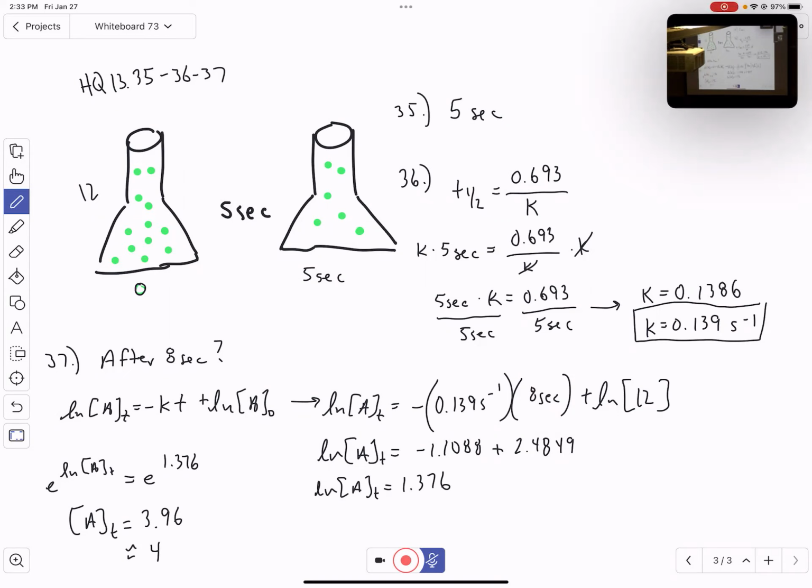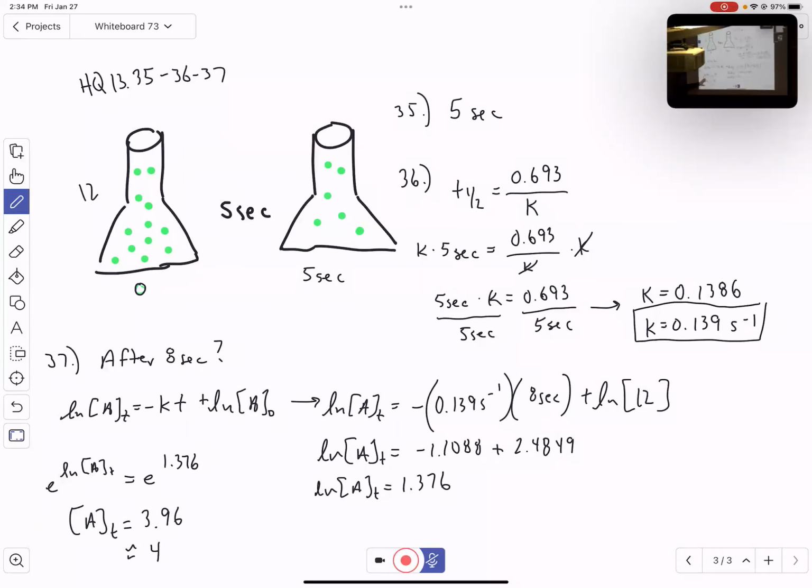This is why I went over a similar problem in class, because it's chemistry, but we're also reviewing math at the same time. So how do we get rid of that natural log, because ultimately we're looking for concentration? e raised to the natural log of x gives us x back. So e to the natural log of concentration gives us our concentration. We have to do e to both sides. So e raised to 1.376 gives us that concentration back.